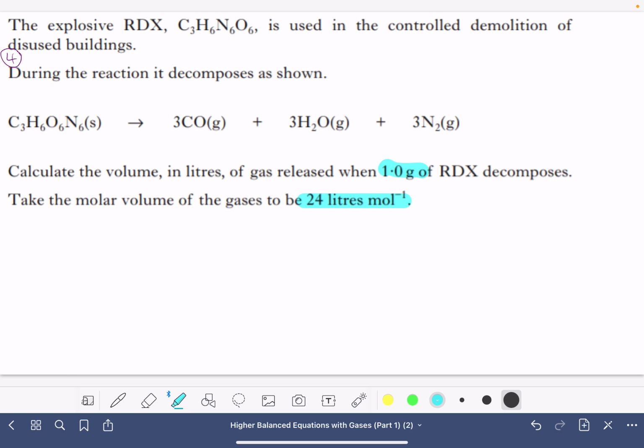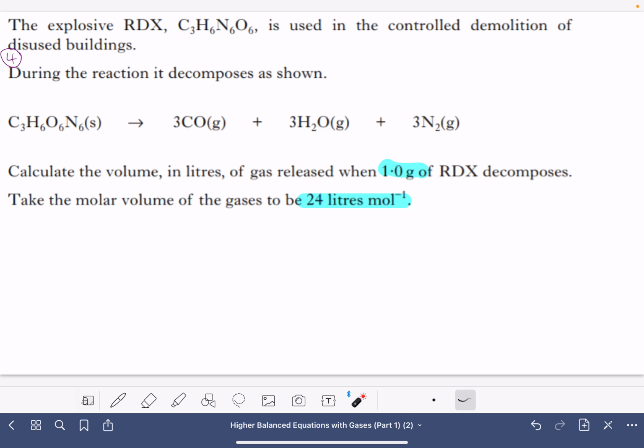Now, this question is quite unusual because all of our products are gases, and we've got 9 moles of gases in the products. So if we look at the mole ratio, just to be clear, Avogadro's law tells us that 1 mole of a gas occupies the same volume as 1 mole of any other gas.